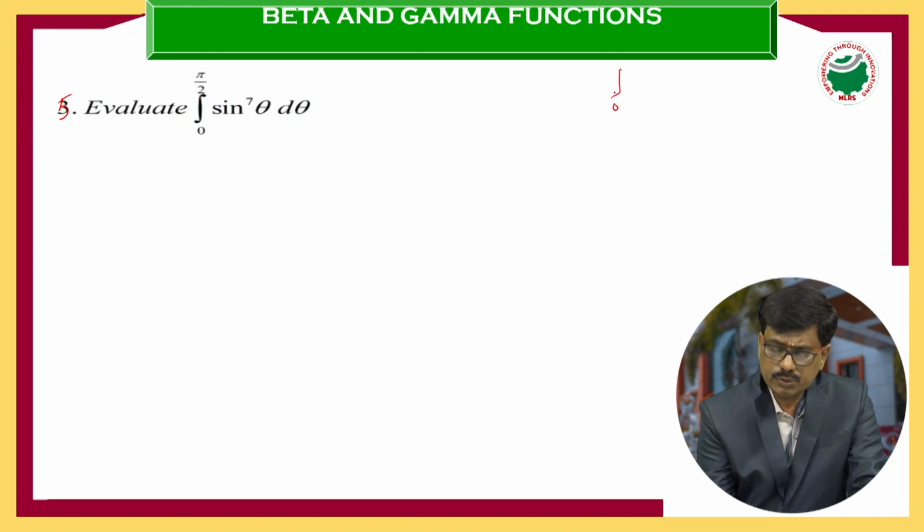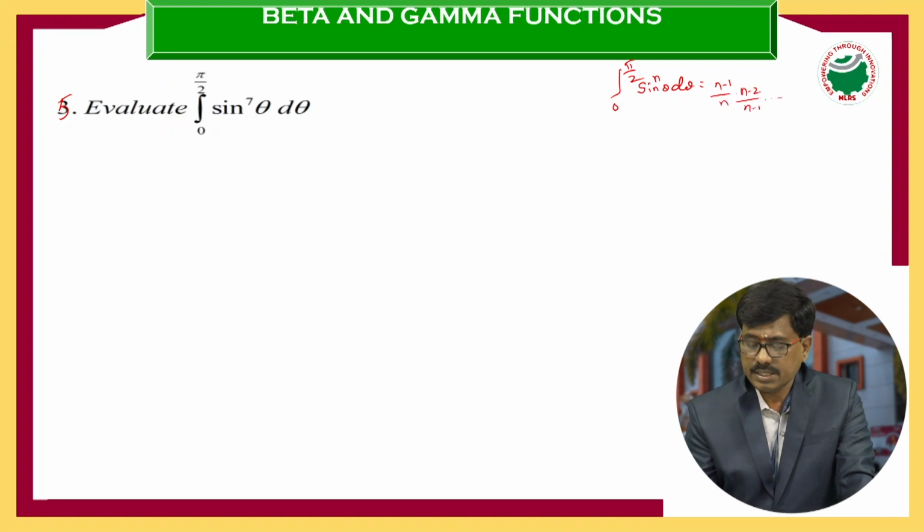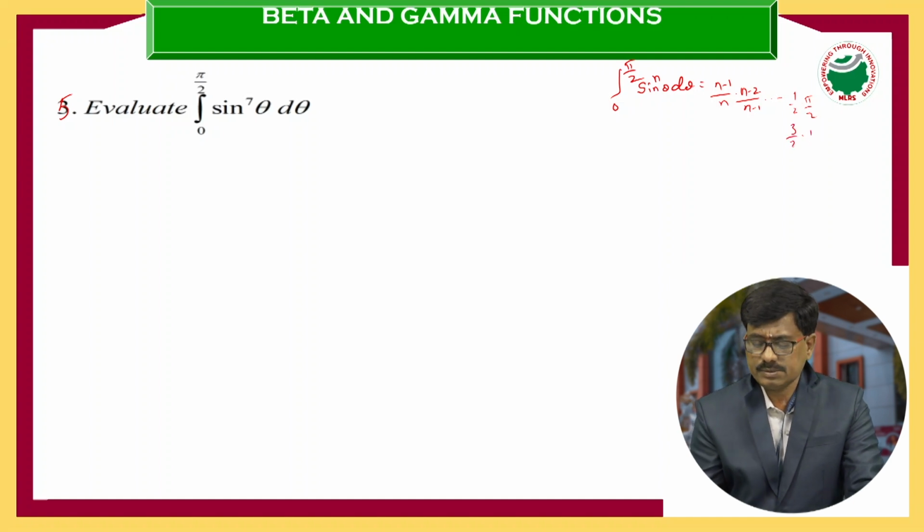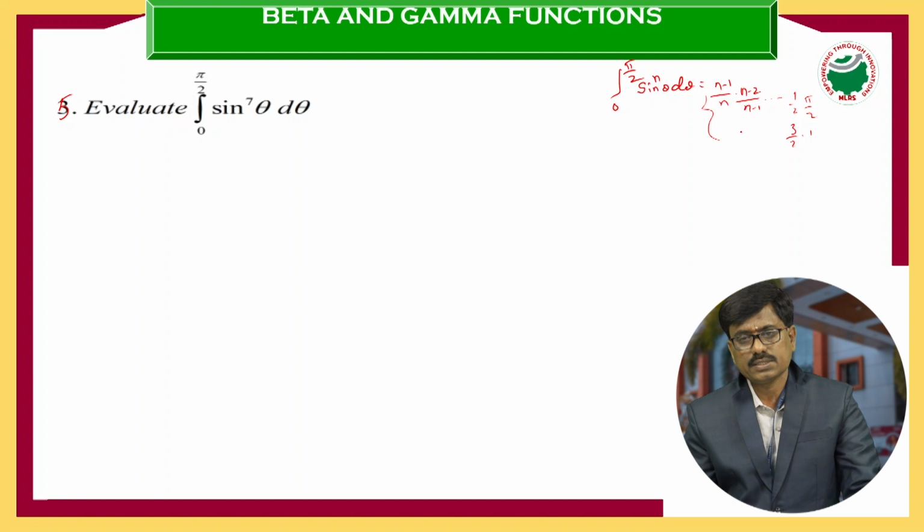Integral 0 to pi by 2 sine power n theta d theta equals n minus 1 by n, n minus 2 by n minus 1, and so on. It depends upon whether n is even or odd. If even, it ends with 1 by 2 into pi by 2. If odd, it ends with 3 by 2 into 1. In this manner, we can expand the reduction formula.